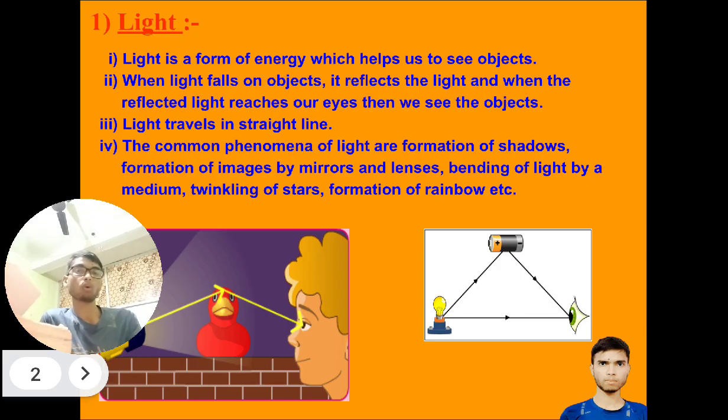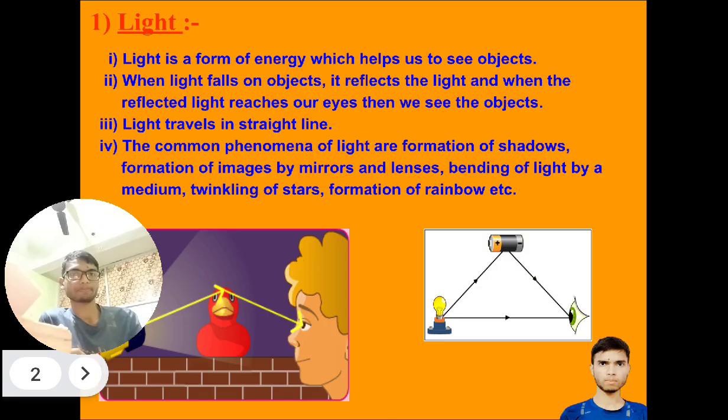But the main point is: will all objects form shadows? The answer is no. Whether a shadow will be formed depends on the object. If the object is opaque, then a shadow will be formed by those opaque objects.